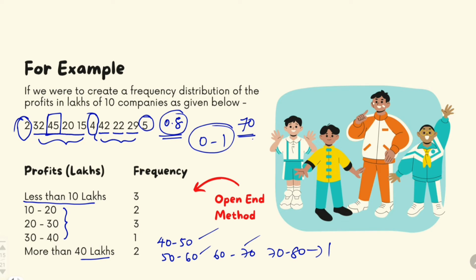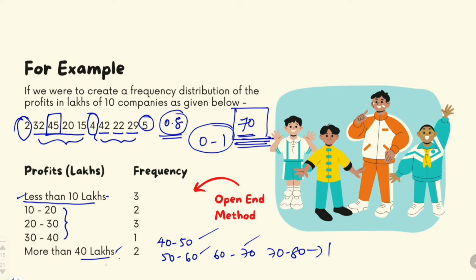So the number of classes we have to add just to include this one particular outlier increases. To avoid that, we make the first class something like less than 10 lakhs and the last class something like more than a certain value.